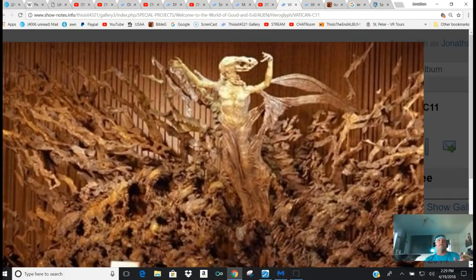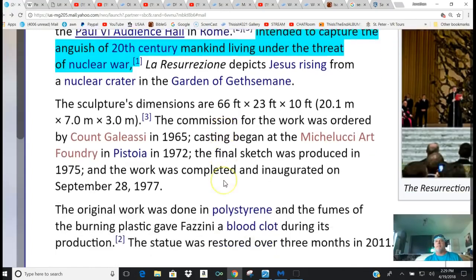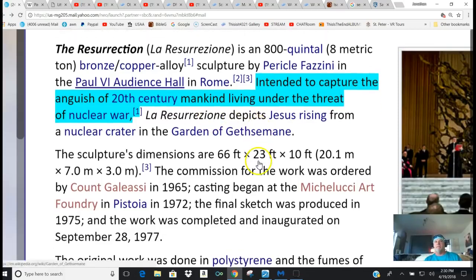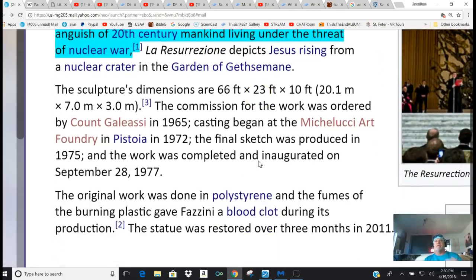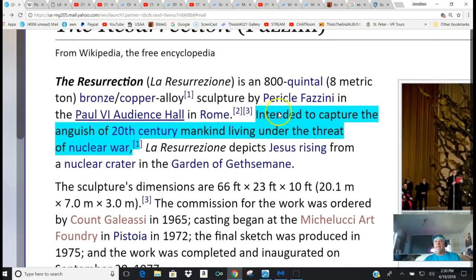Because let's just read what they say it is. It's intended to capture the anguish of 20th century mankind living under the threat of nuclear war. That's what it's supposed to be. Do you believe that that's what that is?